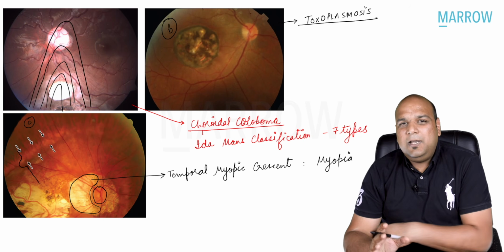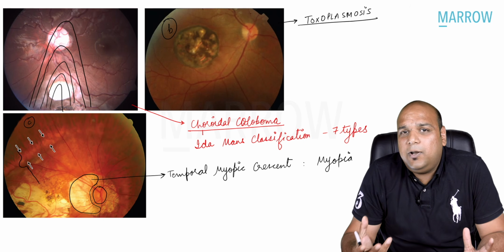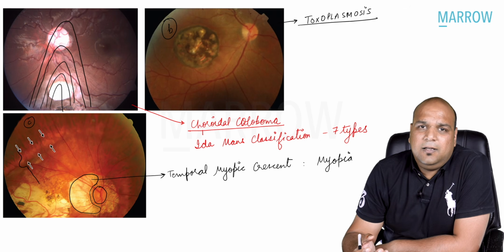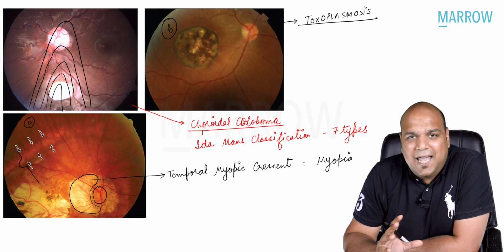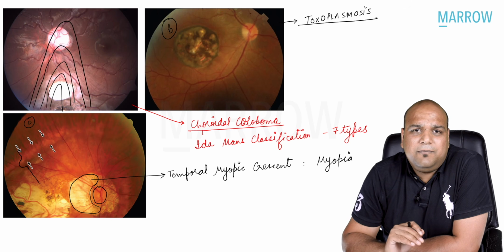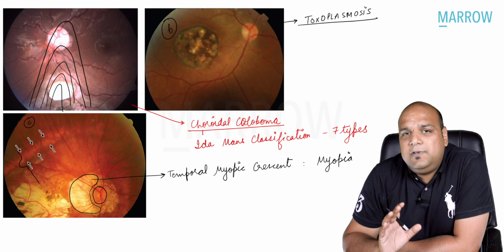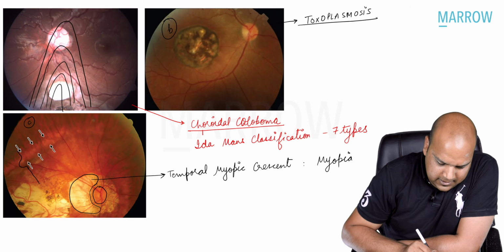So even though I will not say it is a classic case of a punched out lesion, I am not going to call it a punched out lesion, but based on the options which we were given, we would have said that posterior staphyloma can be considered as a cause of a punched out lesion. It was not a very clear cut answer, but based on the other options, we would have considered it as a punched out lesion. Why, everybody?